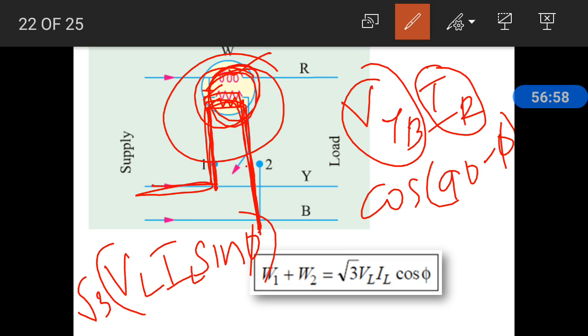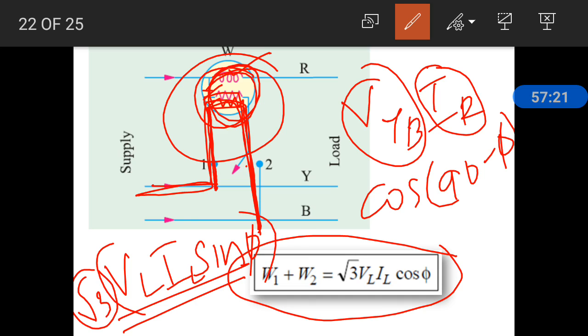That means the value obtained in the wattmeter multiplied by root 3 gives the total reactive power, root 3 VL IL sin phi. So this is the method for calculating using the one wattmeter method. Total power is W1 plus W2, and the reactive power also.